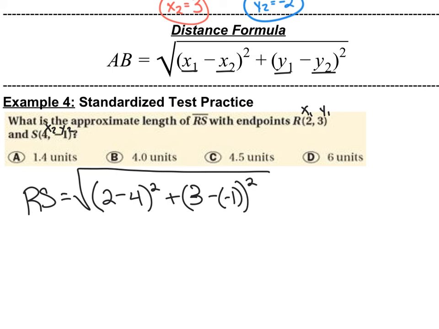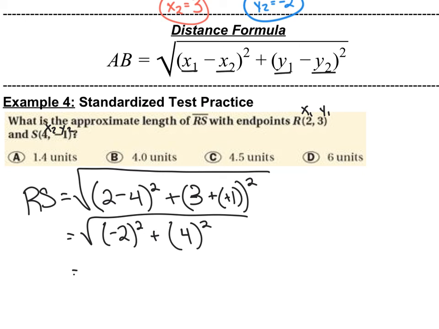And then let's simplify everything inside first. So we're looking at 2 minus 4, which is negative 2 squared, plus 3 minus negative 1. Remember, that becomes plus a positive, so this will be 4 squared. All right, so negative 2 squared will give us 4. 4 squared is 16. And so we add those together, we get the square root of 20.